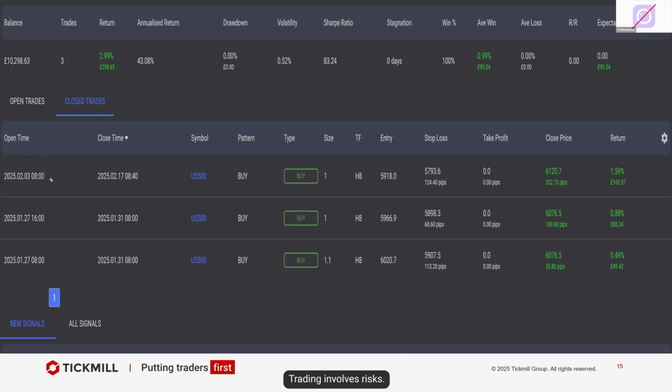Because it's on an 8-hour chart, the RSI stayed below 20, and so it actually gave a signal at 8 a.m. and then another one at 4 p.m. And you take both. So if it gives multiple signals, yeah, you take them. That's how the software that I use takes it.